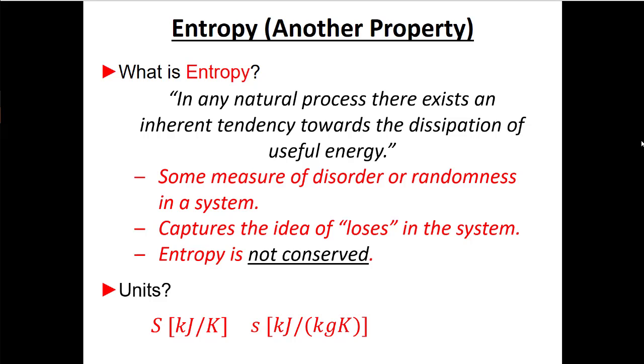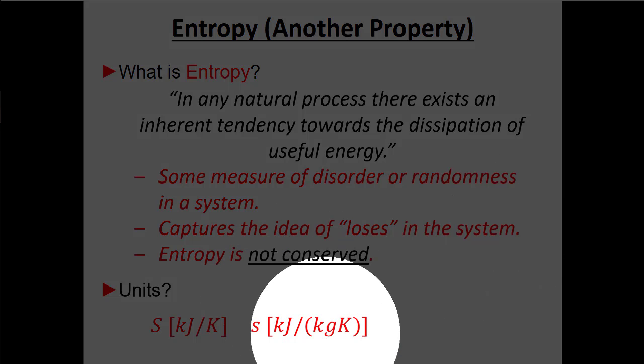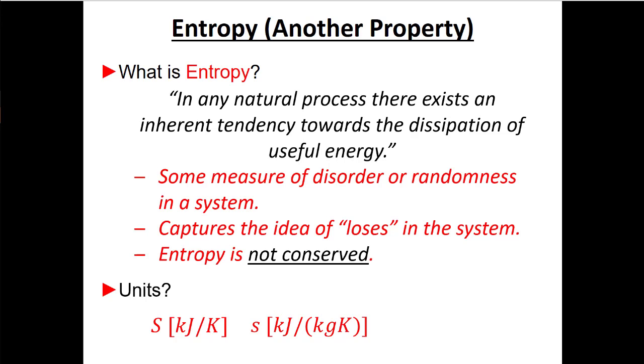Just like most of the other extensive properties we look at, we divide by the mass to make it an intensive property. So if this was imperial units, this would be something like BTU per pound mass degree Rankine. So it's energy per unit mass, but then we also have this temperature on the bottom as well.